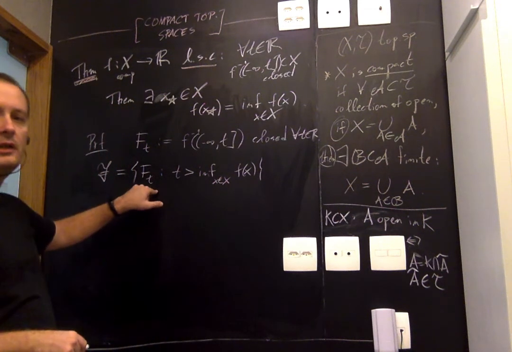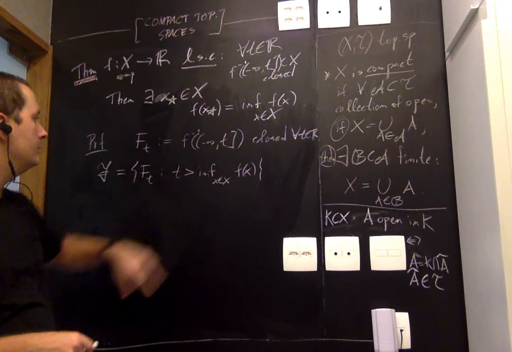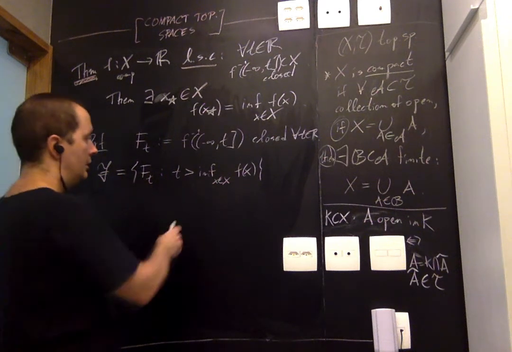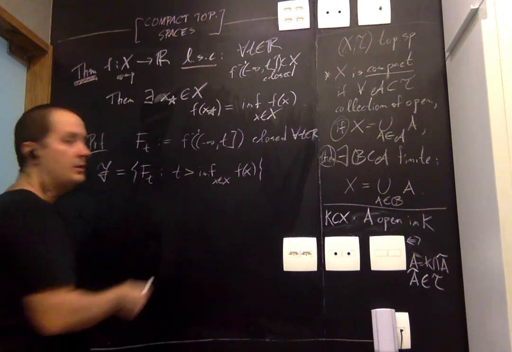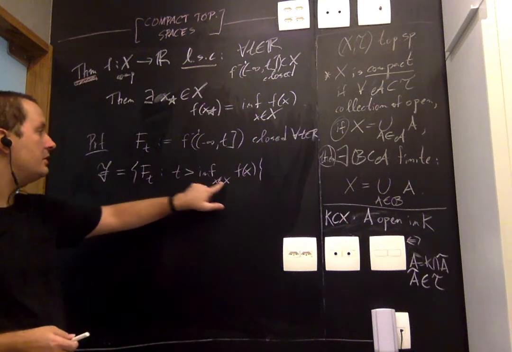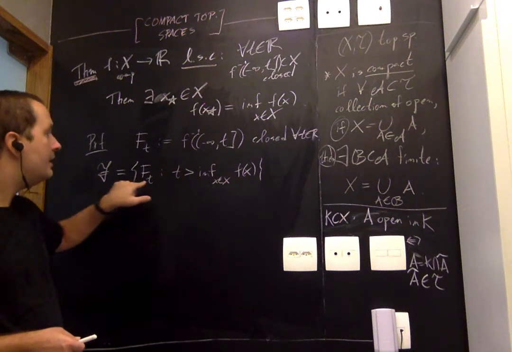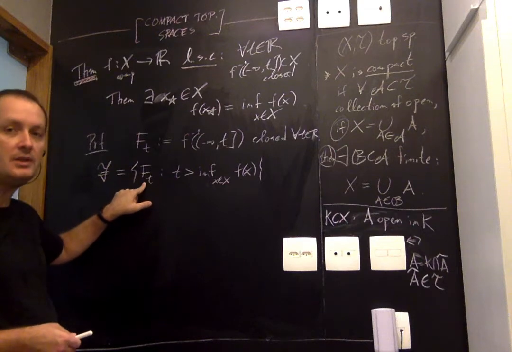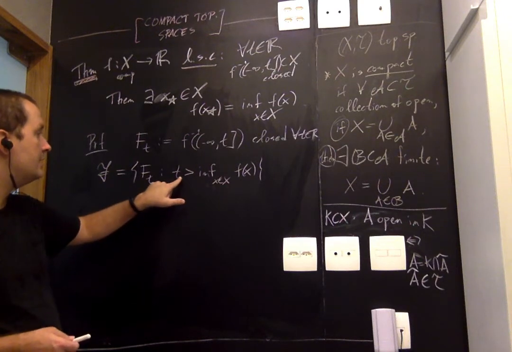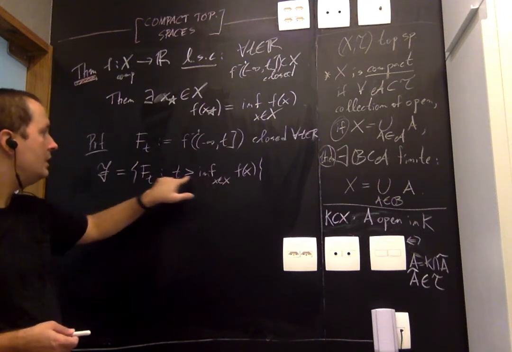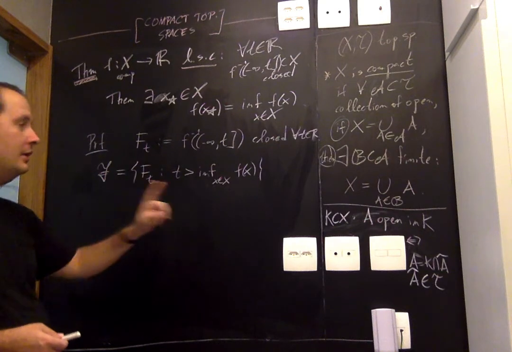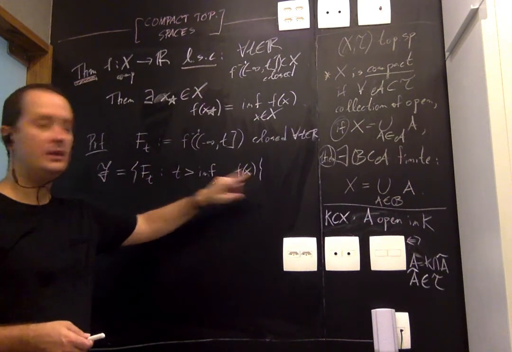Why do I take this collection? Why this condition? The main point is this. Suppose I have a t that's greater than the infimum. I claim that then the set F sub t is non-empty. Why is that? Because if t is greater than the infimum, t is not a lower bound for the values of f.